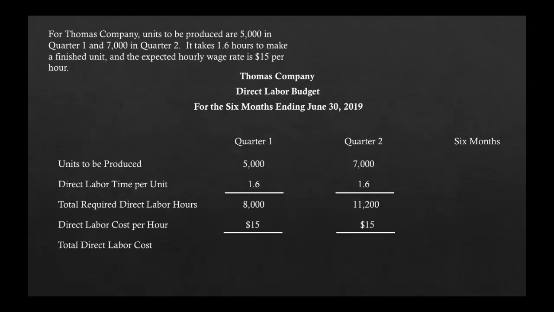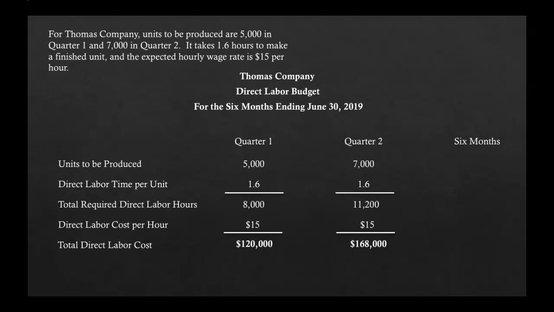Then to find our total direct labor cost, we multiply the 15 times our required direct labor hours. So for quarter 1, that's 8,000 times 15, and quarter 2, 11,200 times 15. And we get our total direct labor cost for each individual quarter.